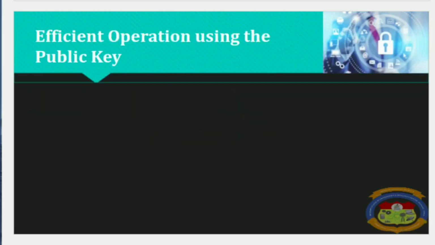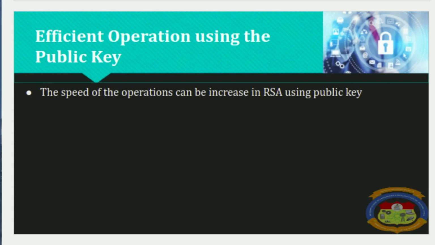Unlike symmetric key cryptography, we do not find historical use of public key cryptography. It is a relatively new concept. In RSA, we can increase the speed of the operation using the public key, because it allows a particular choice called the encryption key.